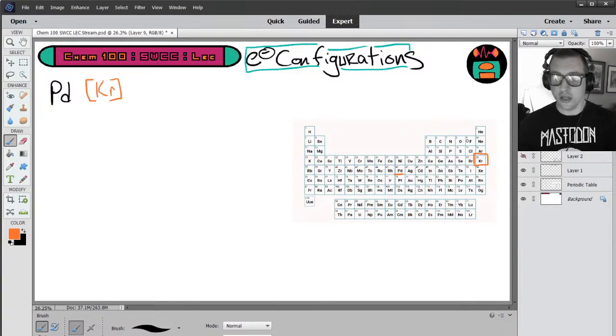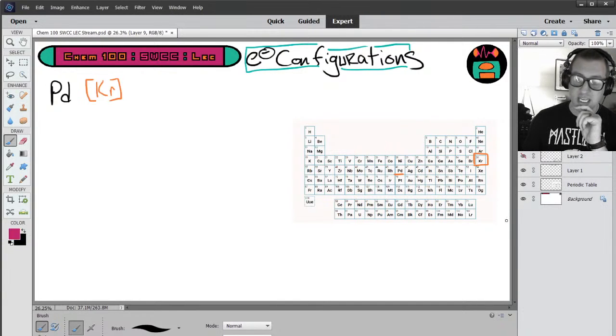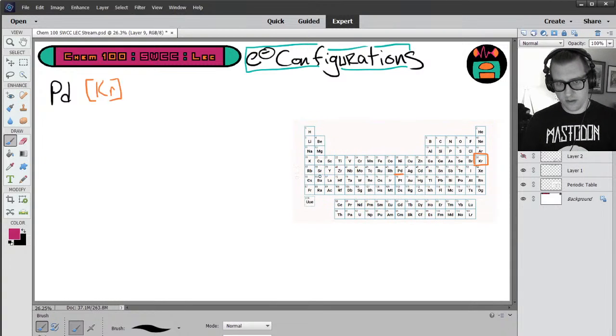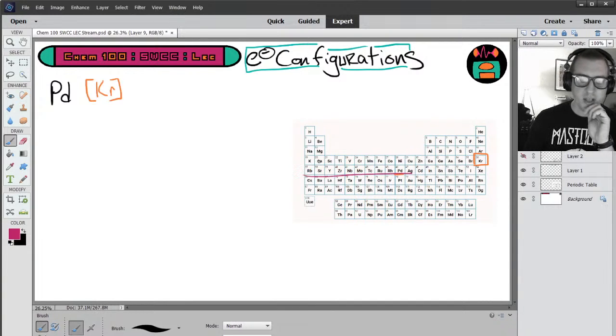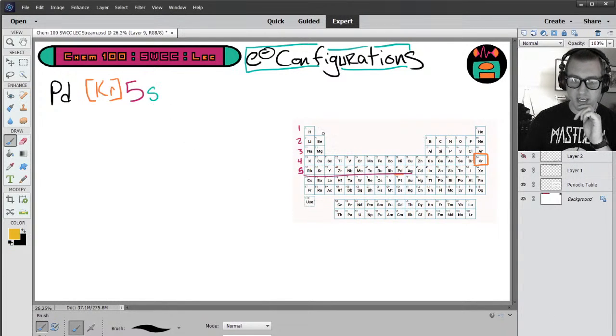So now we need to figure out the period that we're on. For palladium, palladium is down on the 1, 2, 3, 4, 5th period. So we're starting with 5s. And then we've got to keep in mind, we know we're going to land in the D block, and D is always shifted down by 1.